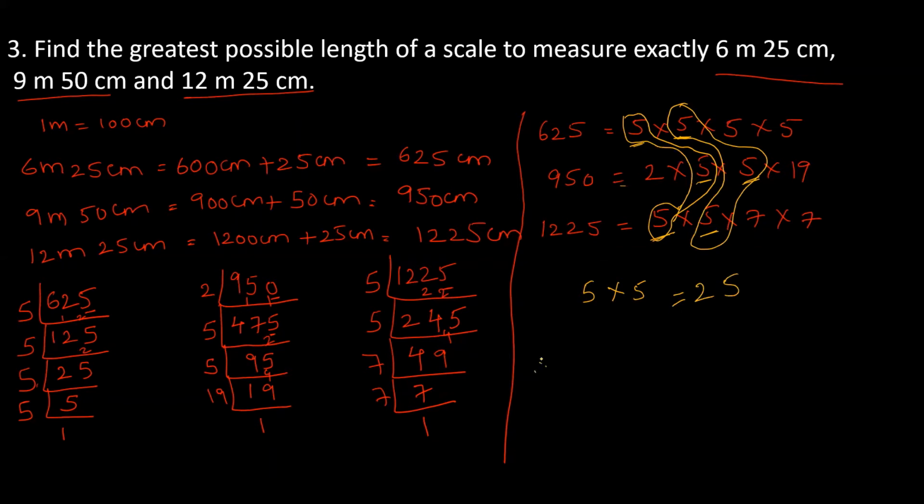Therefore, HCF of 625, 950 and 1225 is 25. Therefore, the greatest possible length of a scale to measure exactly 6 meters 25 centimeters, 9 meters 50 centimeters and 12 meters 25 centimeters is 25 centimeters.